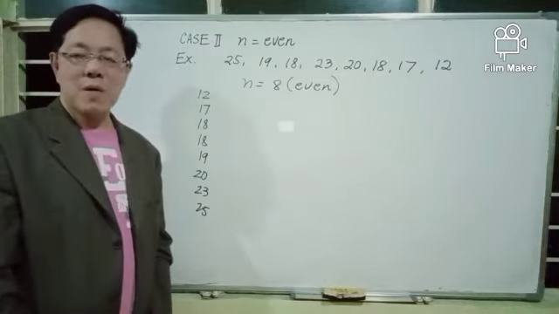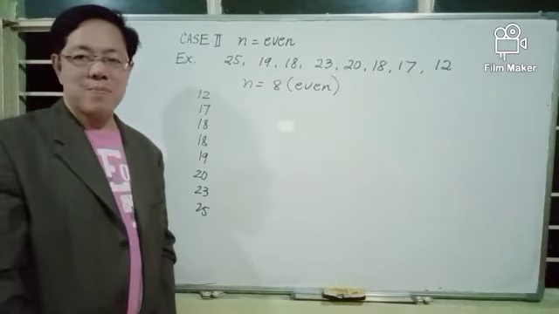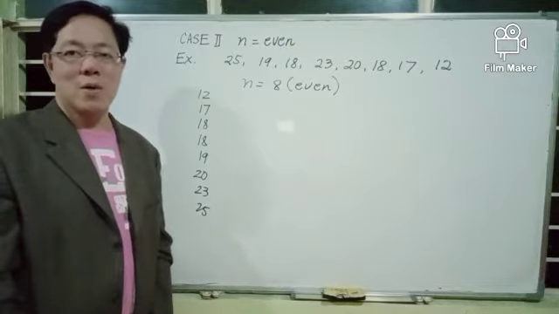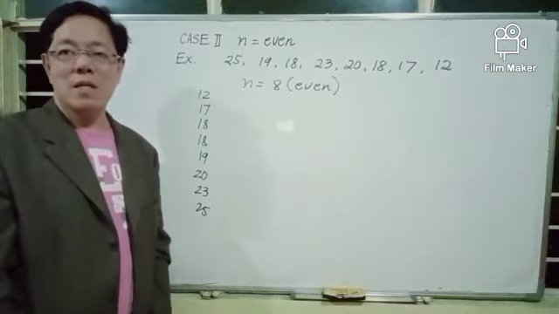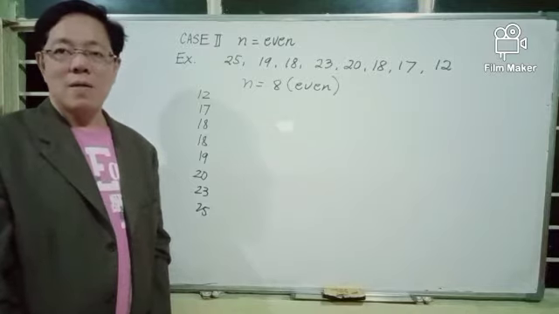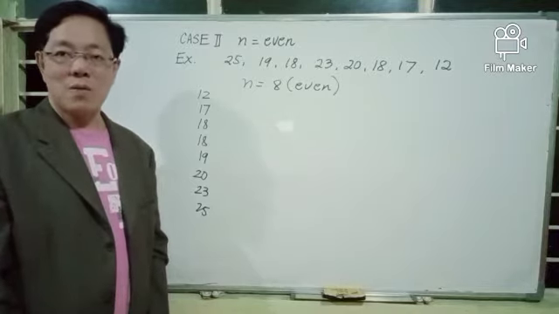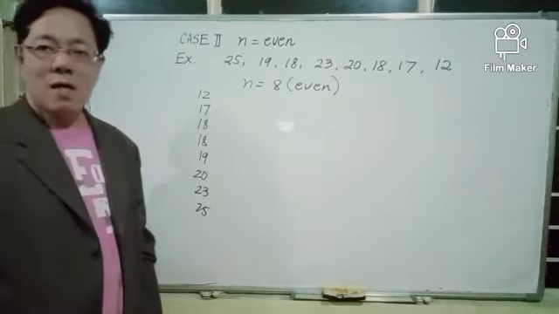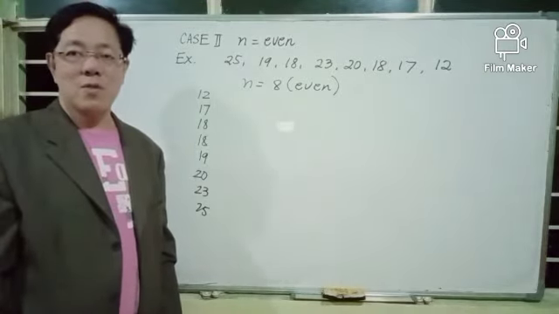Now, after you have arranged the observations in ascending order or descending order, you locate the two middle values, or the two numbers at the center of this distribution of scores or values or observations.